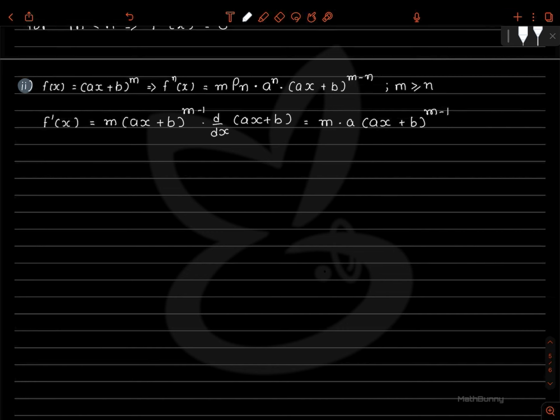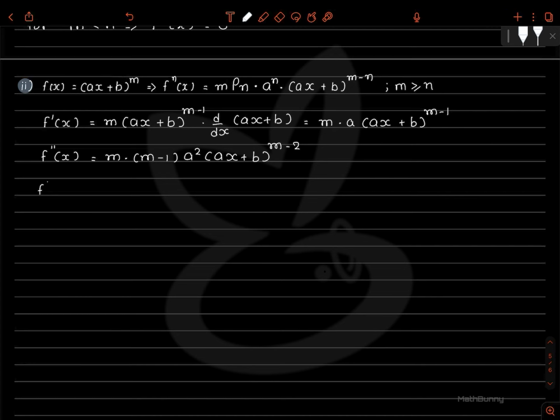The same way, let us further differentiate this. f double dash of x would be equal to m into m minus 1 into a square into (ax plus b) raised to m minus 2.